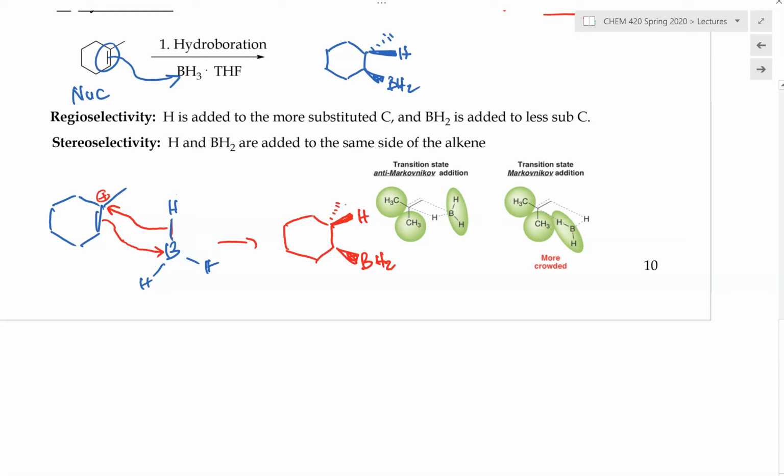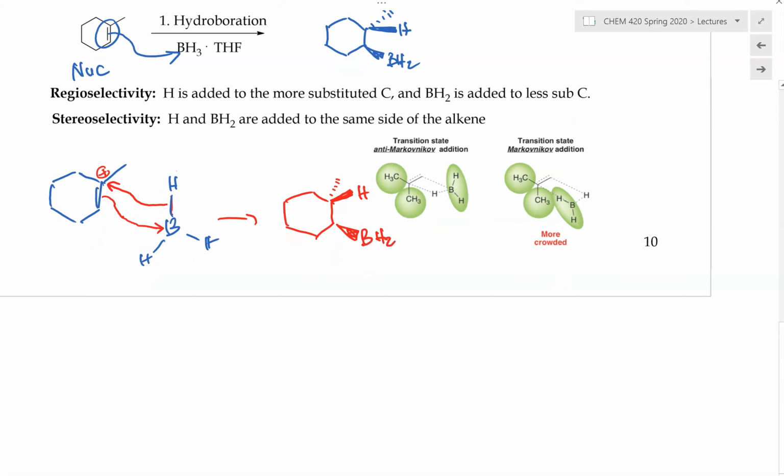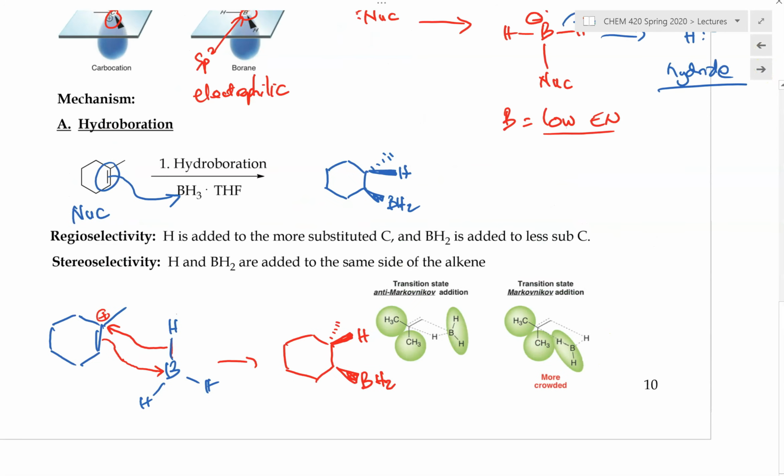But that is the product that we would get. And in this step, once we have produced this, notice how this goes back to BH2 again, and it basically becomes a good electrophile in which another alkene can come in to react with this again. So this step right here can repeat 2 more times.